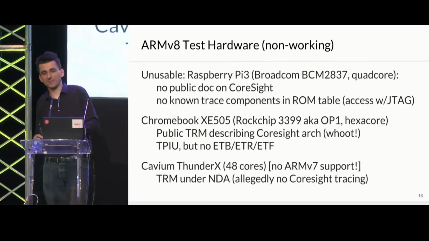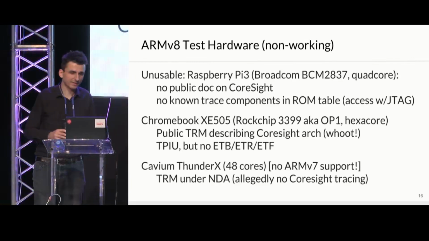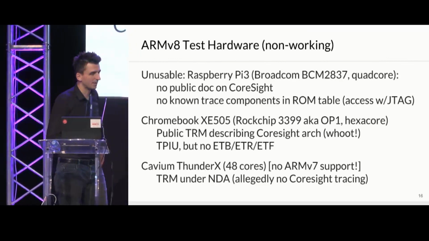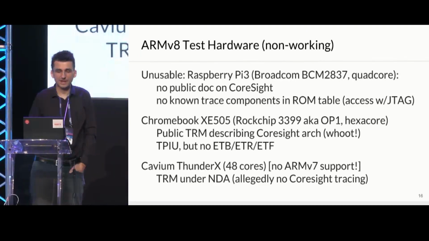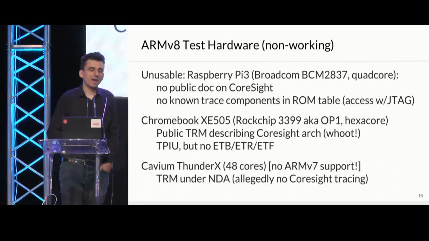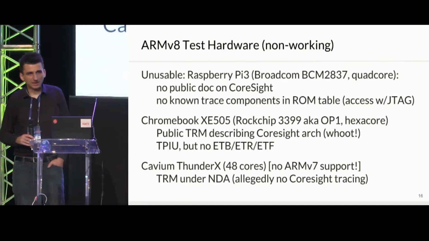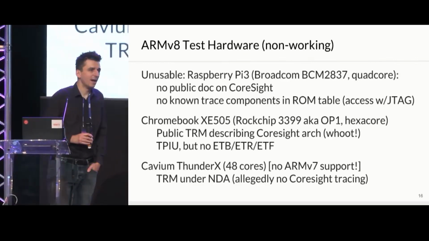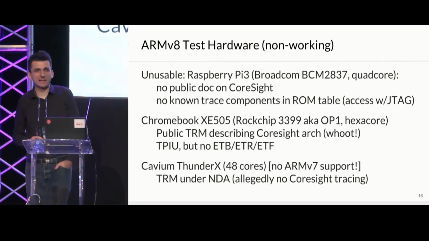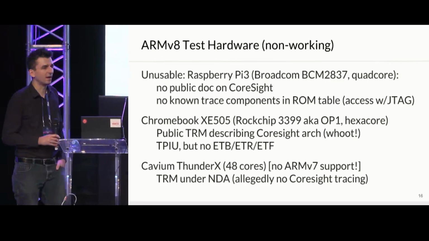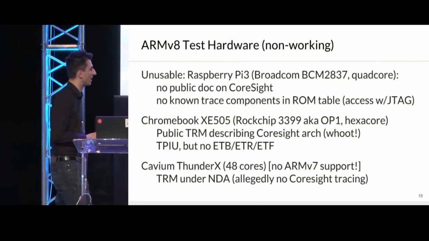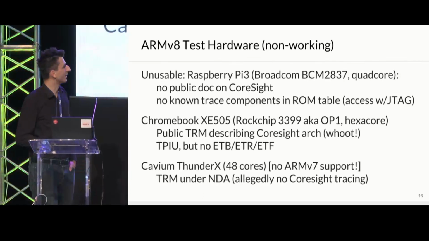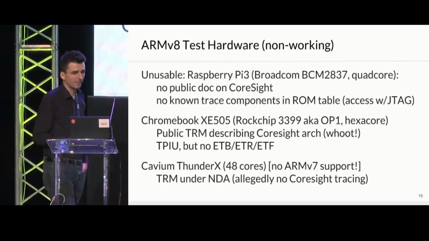The problem here is there are no public docs on CoreSight for this core. It's a Broadcom 2837. I attached a JTAG debugger to the Raspberry Pi 3 and looked at the ROM table, and the component IDs don't match anything that's known to be a CoreSight component that would allow tracing. So to me, it looks like this is a dead end for CoreSight tracing.